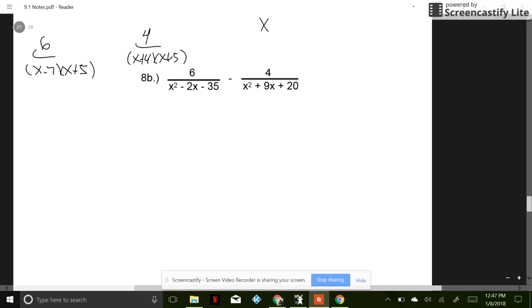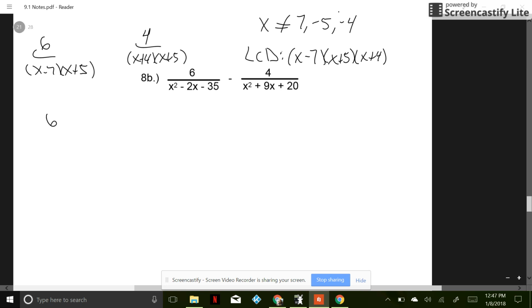So looking at our excluded values, x can't be 7, negative 5, or negative 4. Our LCD, we take all of the factors and take which ones we need. So we'll have x minus 7, x plus 5, that appears in both, and then x plus 4.